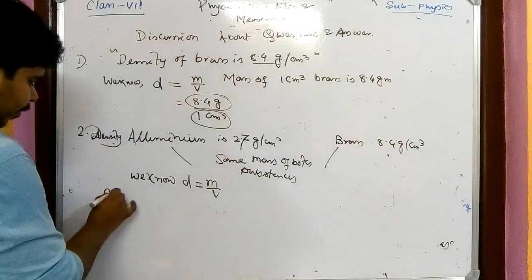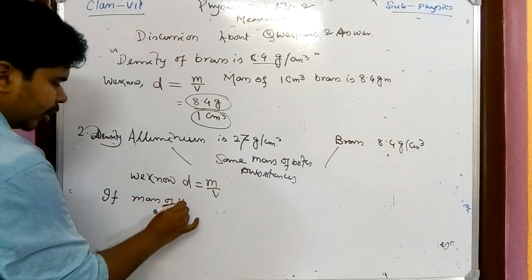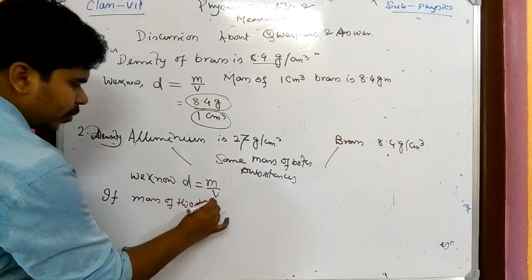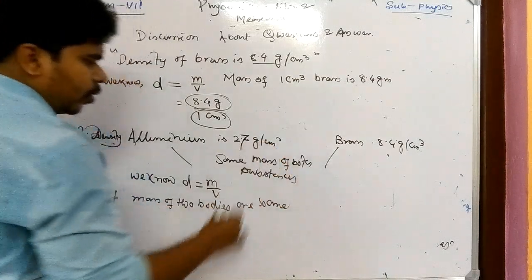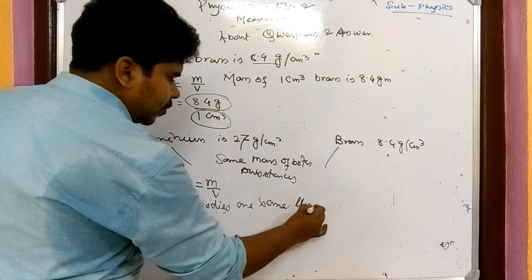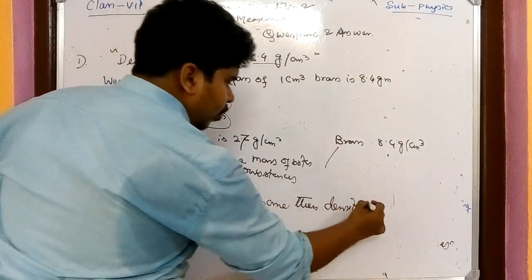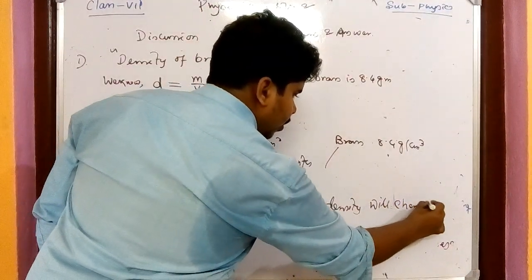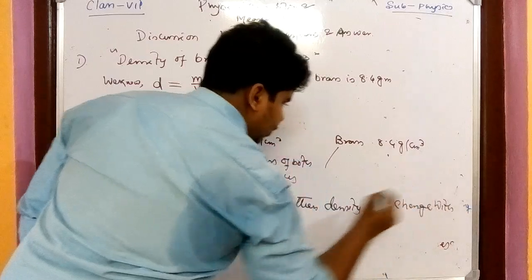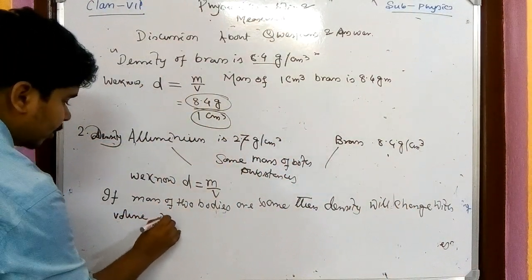Here, if the mass of two bodies is the same, then density will change with volume inversely.